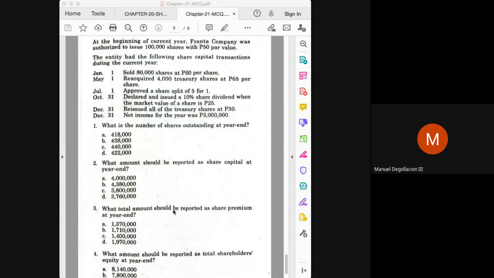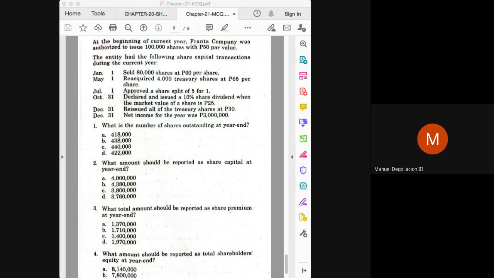Next, sorry, reissued all of the treasury shares at 30. The value of our treasury shares was, I think, 260. Okay, so it was reissued at 30. So we had 20,000 shares. Originally, it was just four, but because of the stock split, it became 20. And it was reissued at 30.